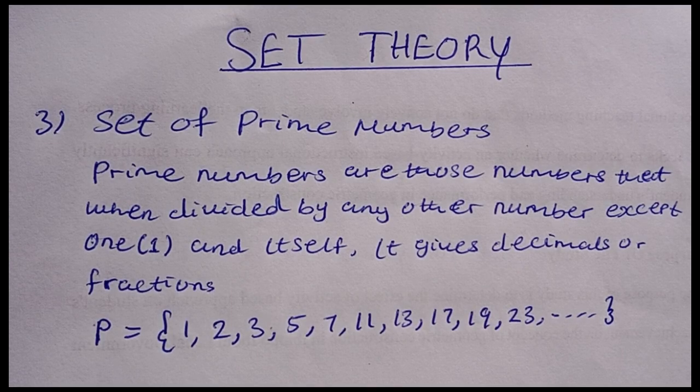Check all those numbers. There is no other number apart from itself and 1 that can divide those numbers. If you use other numbers to divide it, it will give you a fraction or a decimal number.